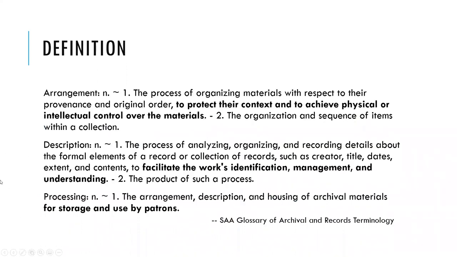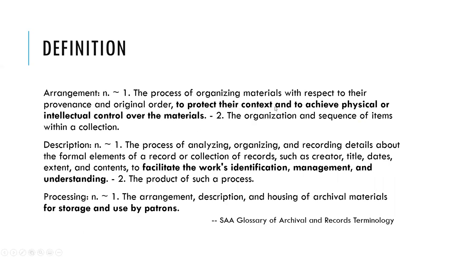Okay, we'll start by bringing up some definitions of arrangement and description from the Glossary of Archival and Records Terminology. Just a few things that I have highlighted here. So arrangement is done in order to protect the context and achieve physical or intellectual control over the materials.